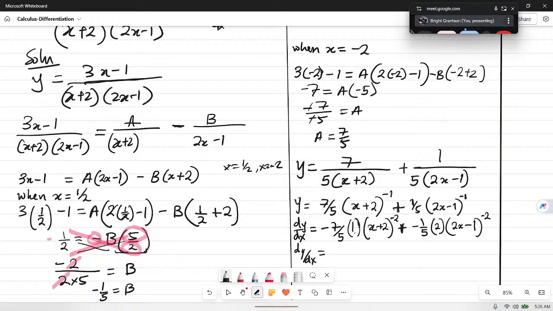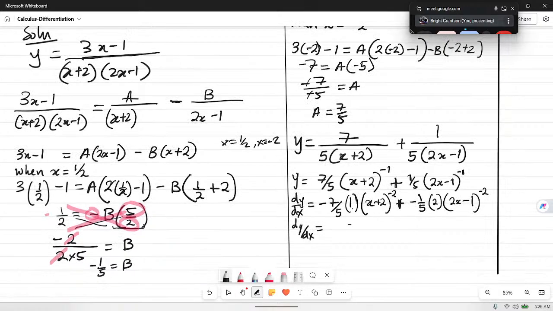So we get -7 over 5 bracket open x plus 2 exponent 2, minus 1 over 5.